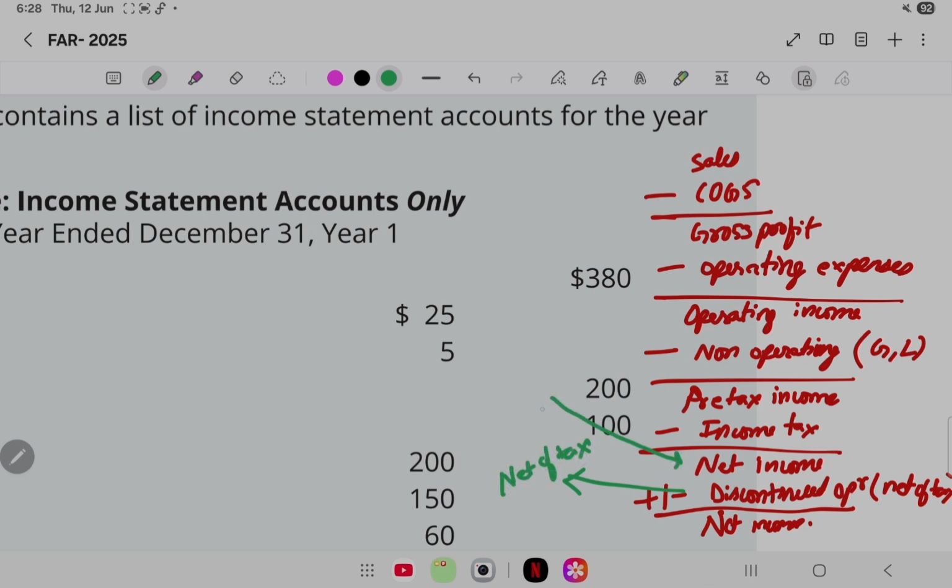This income is income from continuing operation after tax. This is income from continuing operation but before tax.